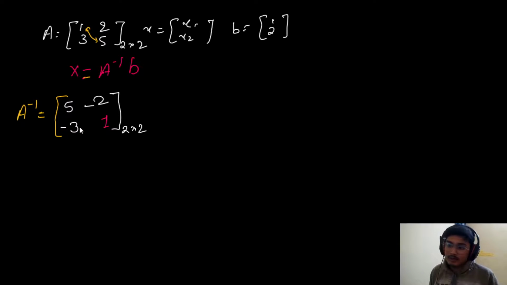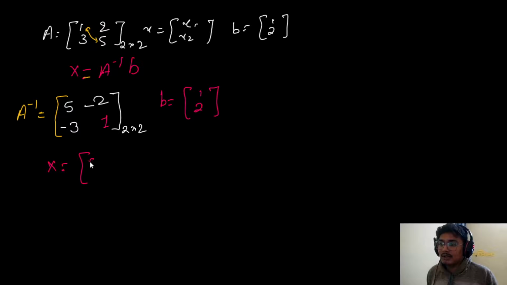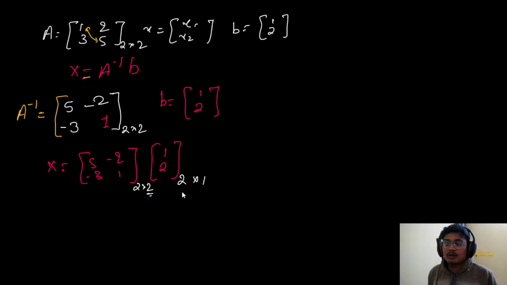So this is our A inverse, and we have our matrix B as 1, 2. So for X, we have to multiply these two, the matrix with minus 3, 1 and the matrix 1, 2. We can check that this is a 2 cross 2 matrix and this is a 2 cross 1 matrix, and the number of columns of the first matrix is equal to the number of rows of the second matrix, so we can multiply these.